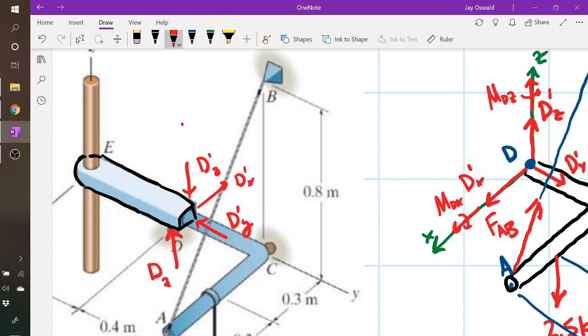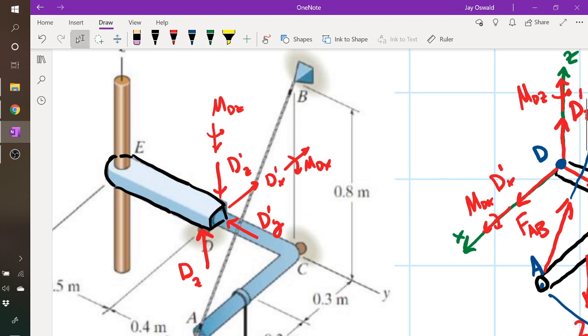And then I'm going to have an m dz acting in the downward z direction. I'm going to have an m dx acting in the negative x direction. I will not have an m dy because I didn't have it otherwise. So that takes care, I think, of all my reaction forces there.